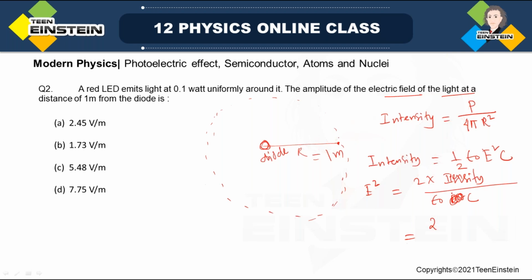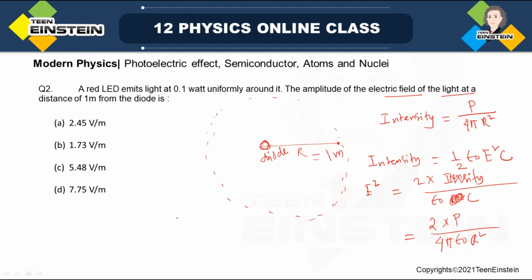So here it is 2 into intensity, where the intensity is P by 4 pi R square. So this is the relationship.